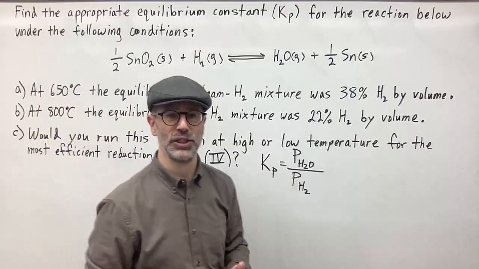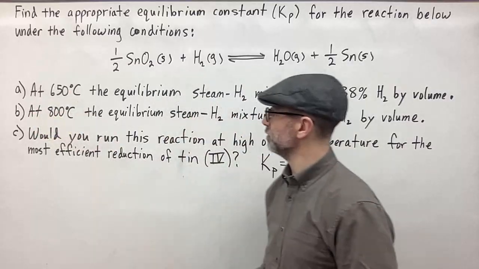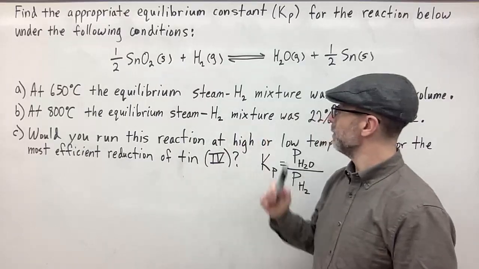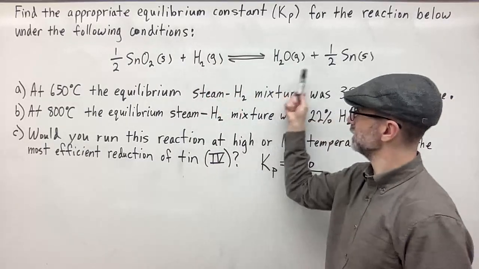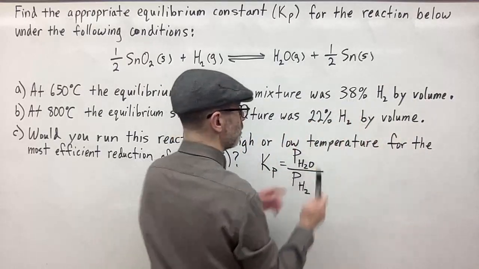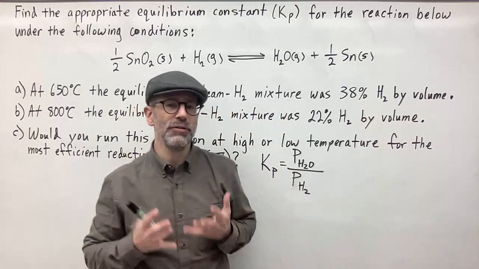Now let's look at our conditions. Okay, so we have, at 650 degrees Celsius, the equilibrium steam and H2 mixture, right? Steam and H2, H2O gas, was 38% H2 by volume. Okay, so how do we figure out this problem?